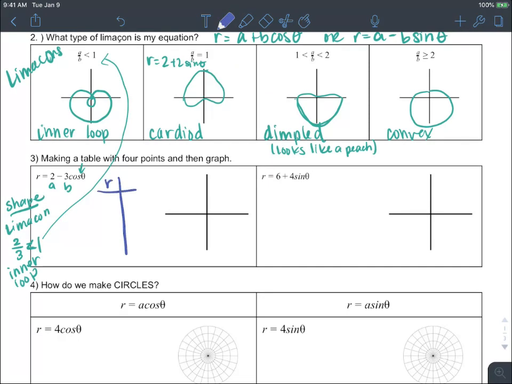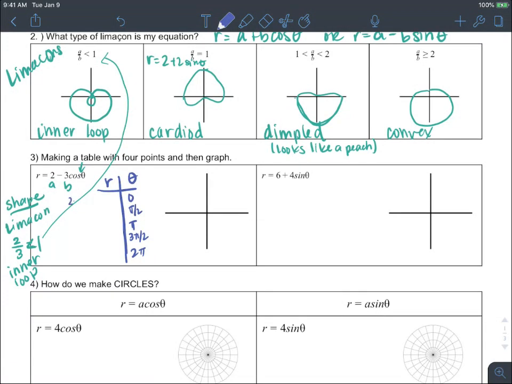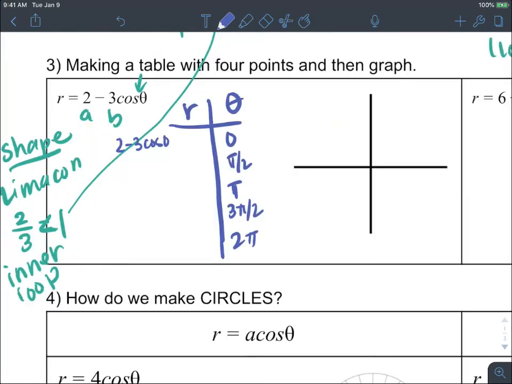I'm going to use my quadrant angles, so 0, pi over 2, pi, 3 pi over 2, and 2 pi. I'm going to plug in 0, so 2 minus 3 cosine 0. Cosine 0 is equal to 1, so 2 minus 3 is negative 1.